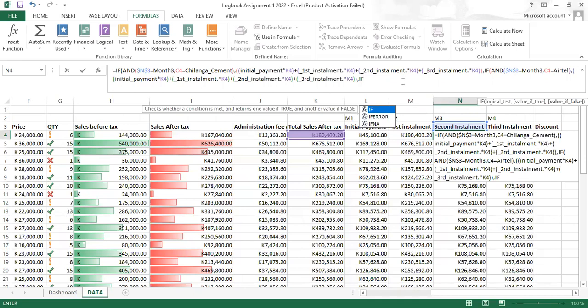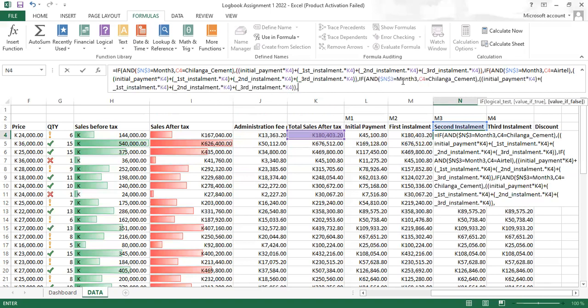The last company for me is what after Airtel? You just paste, you still have copied the formula, so you just paste it there.